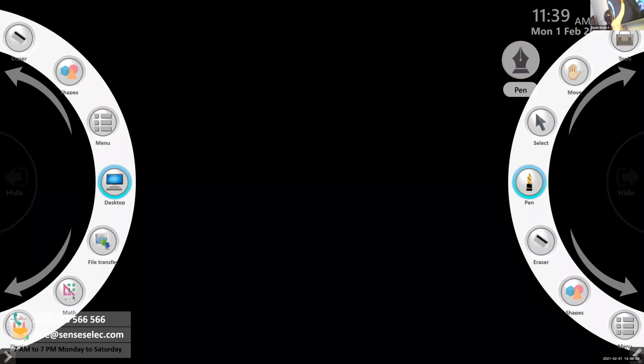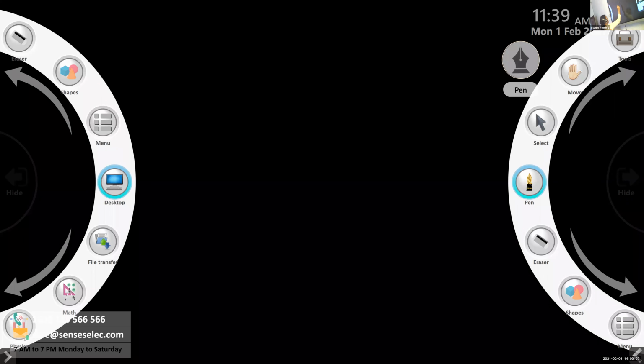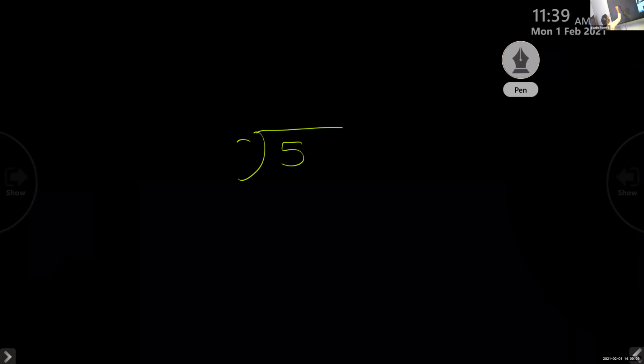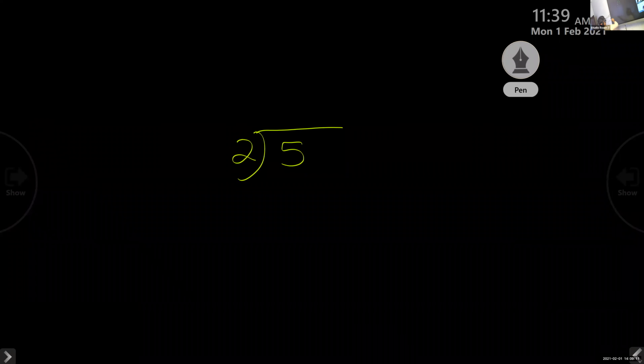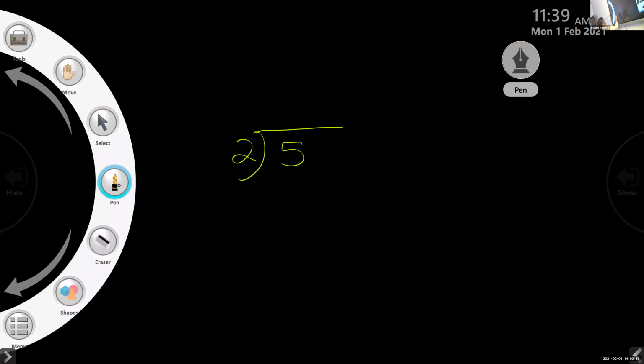So I will start with one small example: 5 divided by 2. This is very easy.